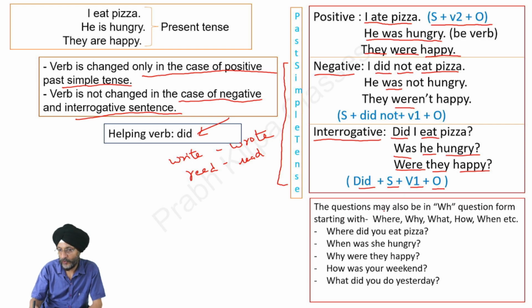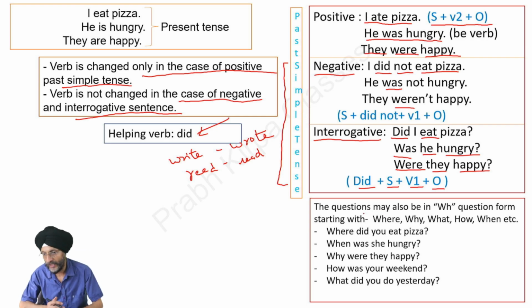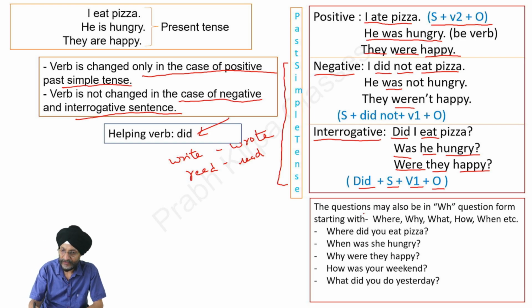A situation may also arise when we use the WH question form. What are these WH question forms? That is when the question starts with where, why, what, how, when, etc. Here we give below the examples. Where did you eat pizza? When was she hungry?